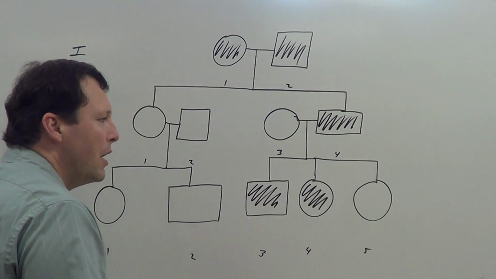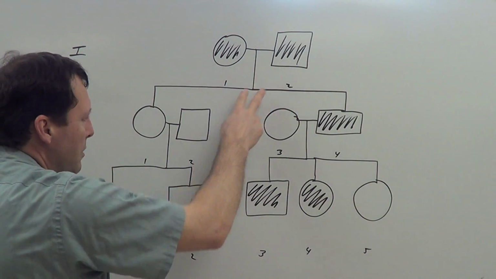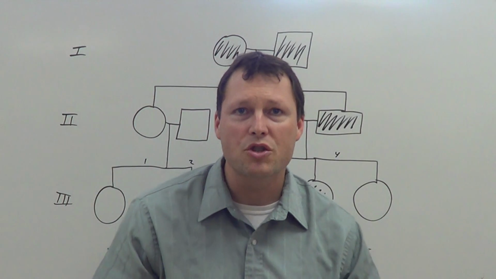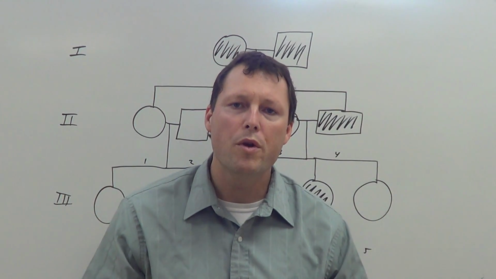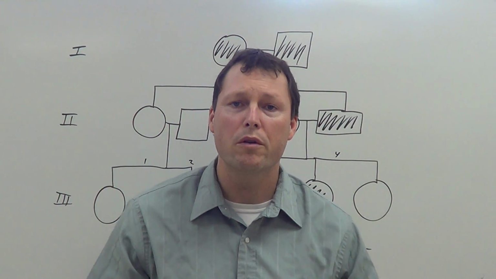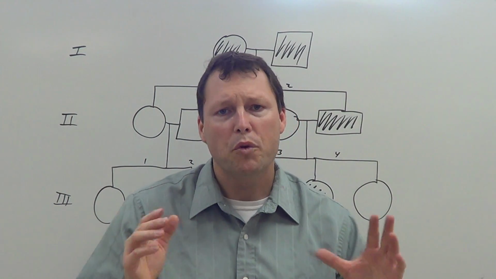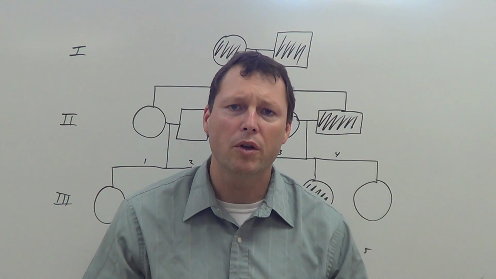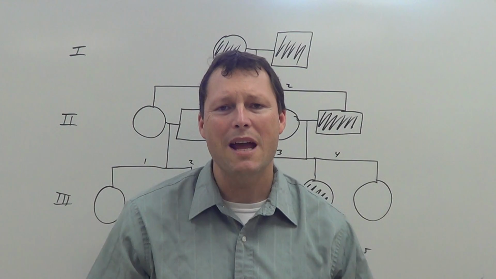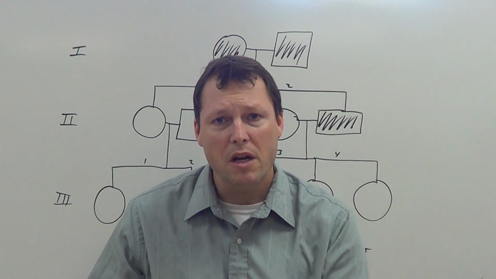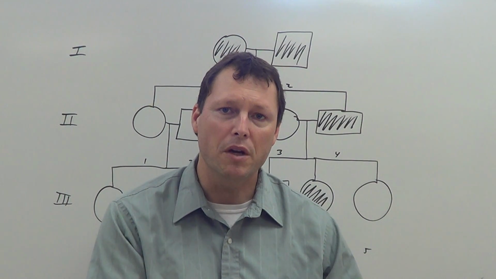Now we actually need to write the genotypes. But before we can do that, we have to figure out what the mode of transmission, or mode of inheritance, is here. If you remember the flow chart I made earlier, the first thing we want to establish is whether this is a dominant trait or a recessive trait.